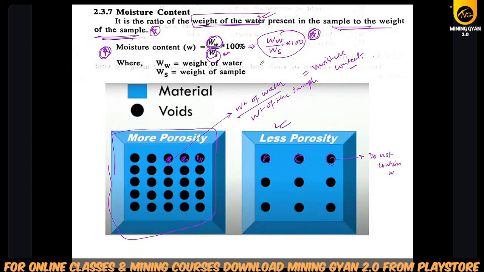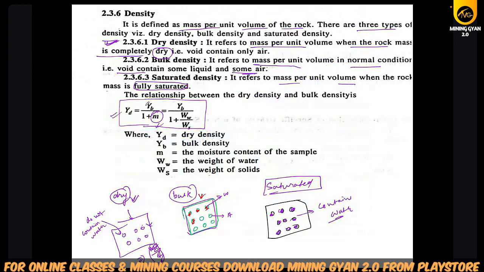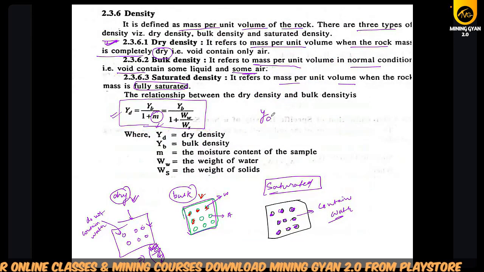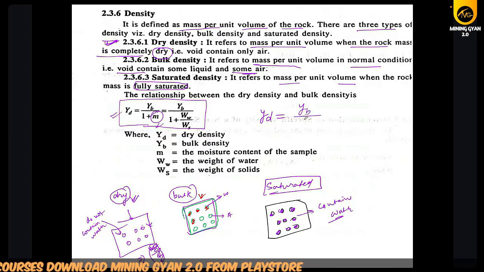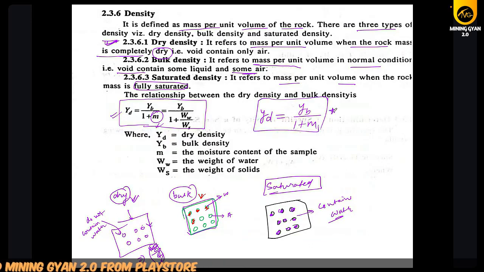It is not the total volume, this is the weight of solid. So if he asks you the relation, dry density equals bulk density divided by 1 plus moisture content. Please remember this formula. And this moisture content is the weight of water divided by the weight of solid.